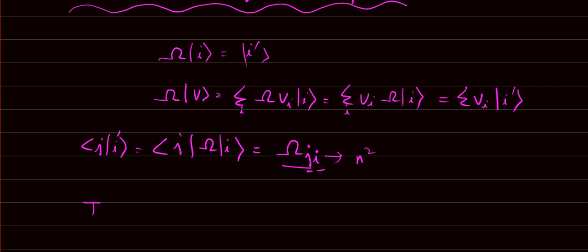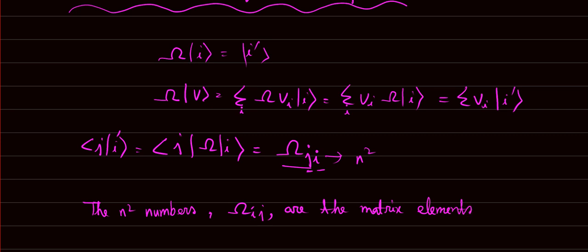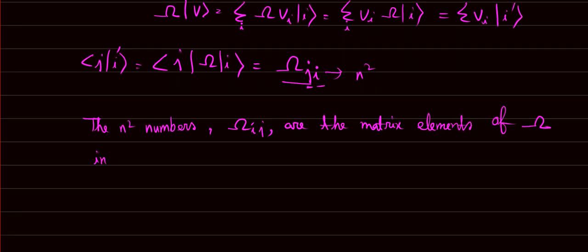So the n square numbers, which we can denote as ij or ji, are the matrix elements of omega in the basis I.